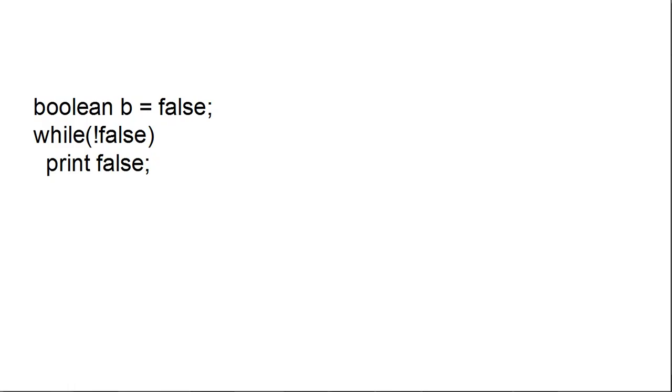This program shows how a Boolean variable is created. The exclamation mark sign in most languages means not, so not false is true. Thus we are left with an infinite loop that keeps writing false. False is also a keyword, so we won't have to use apostrophes around it.